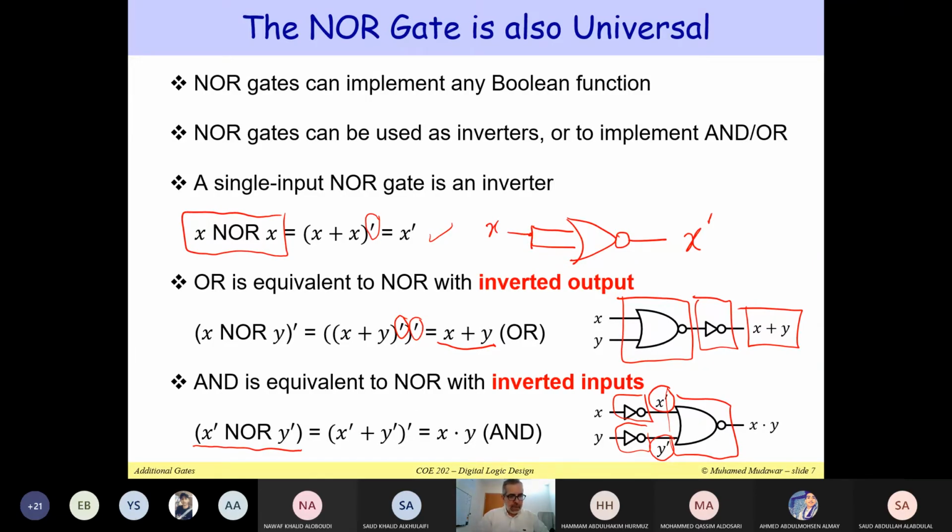That's the meaning, okay? And this will give me X and Y, similar to an AND gate. So I can use the NOR gate with inverted inputs to implement AND. And this way we can say that the NOR gate is also universal. So we have seen two universal gates: the NAND gate is universal and the NOR gate is also universal.